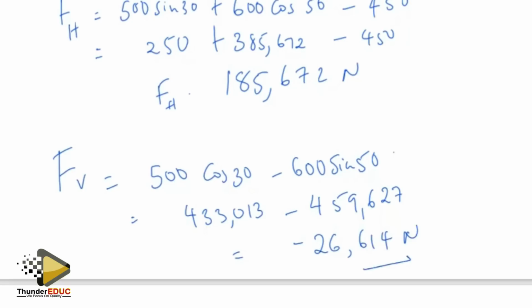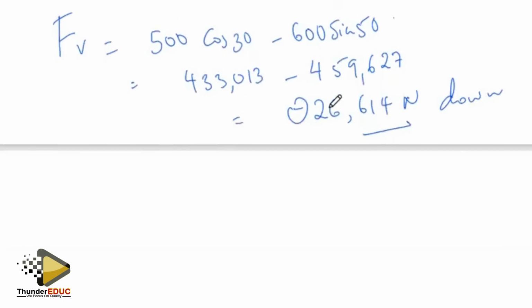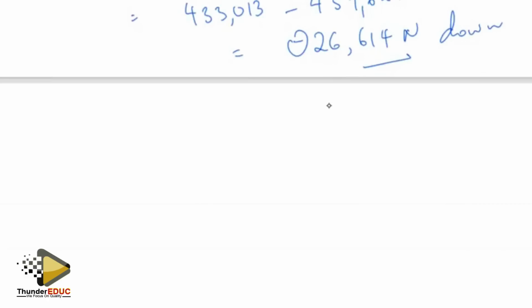Now, or we can just give it as a positive and we say down. This one is to the right since it's horizontal and positive. Then from there, I'll have to combine these two and create my resultant forces. So which means I'll have this as my horizontal, that as my vertical.